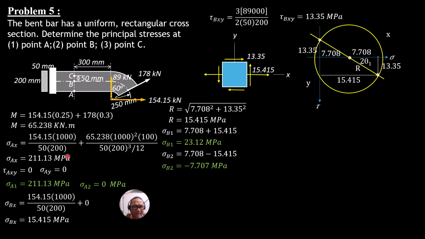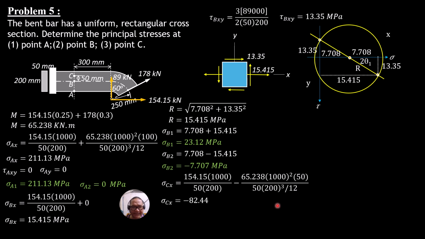So it is axial, then minus 65.238 1000 square, since C is 50 mm. So this is 50 divided by I. So sigma Cx is 154.15 1000 over 50 times 200, then minus 65.238 1000 square times 50 over 50 200 cube over 12.